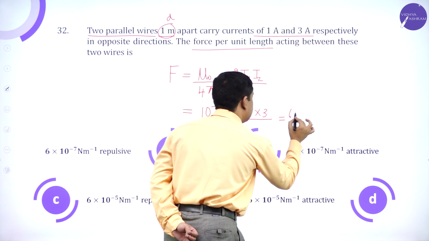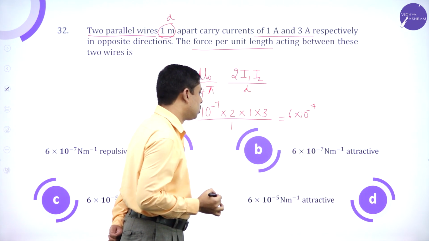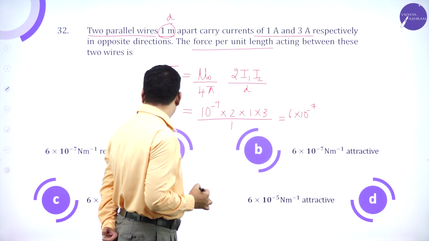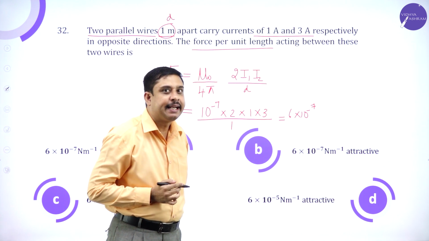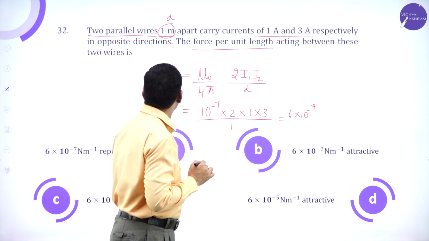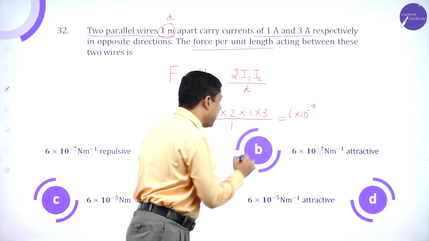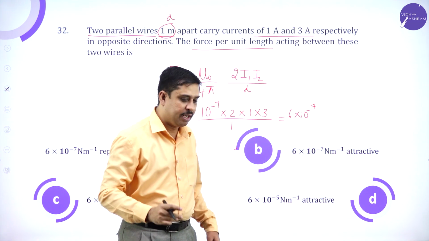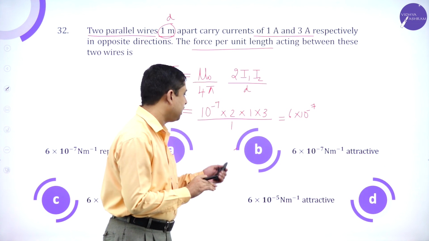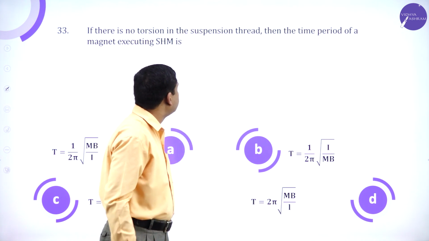So this is 6 into 10 power minus 7 Newton per meter. So whether they are carrying current in the same direction or opposite direction, it is 6 into 10 power minus 7 Newton per meter.